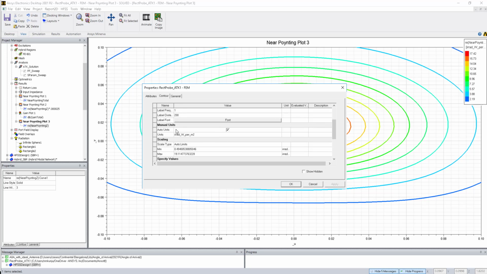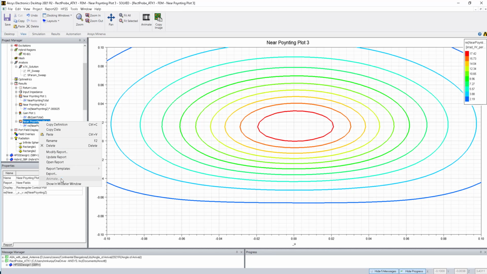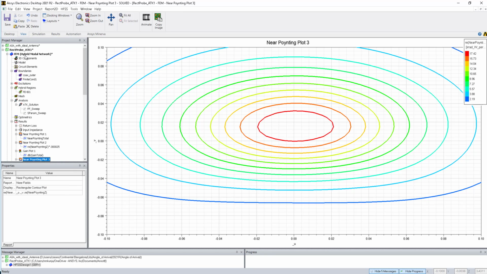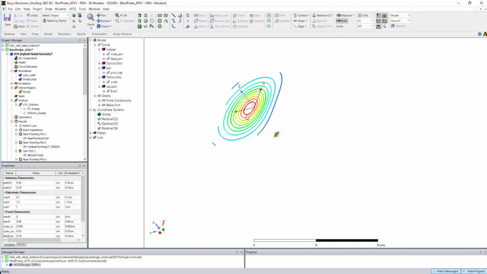Now I want to know what is the power at this location, this location, and each location point. And I can even overlay this plot on the window. So this is the plot you are plotting. As we expected, the more gain is at the center, so the high power is coming out here and the lower power is on the other side.